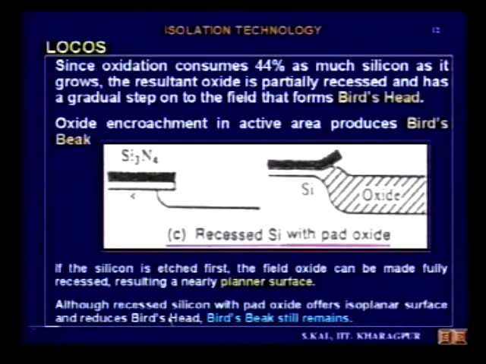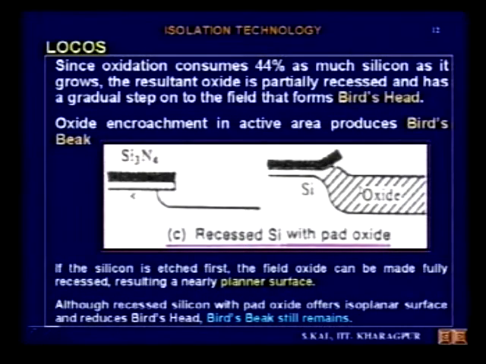Although recessed silicon with pad oxide offers an isoplanar surface and reduces bird's head, bird's beak still remains. Bird's head reduces because it is isoplanar now. Since it is isoplanar, bird's head has been reduced, but bird's beak has not reduced.